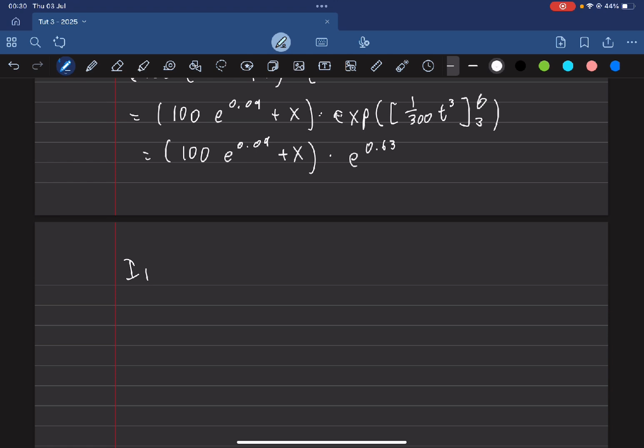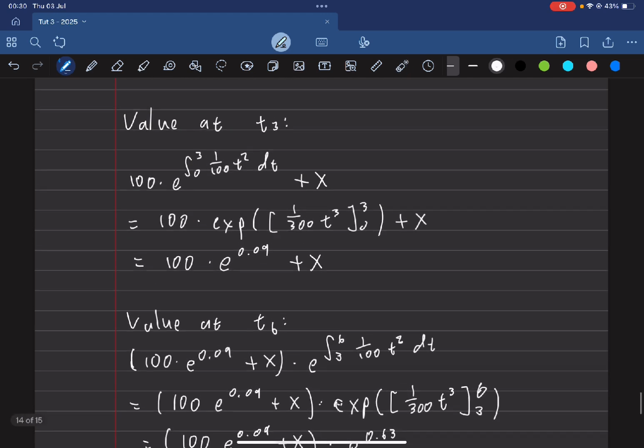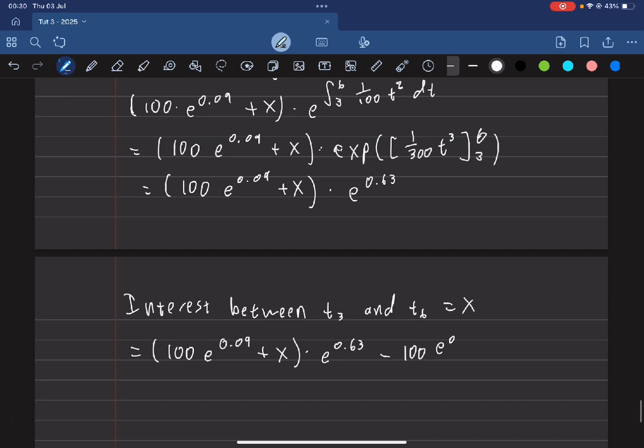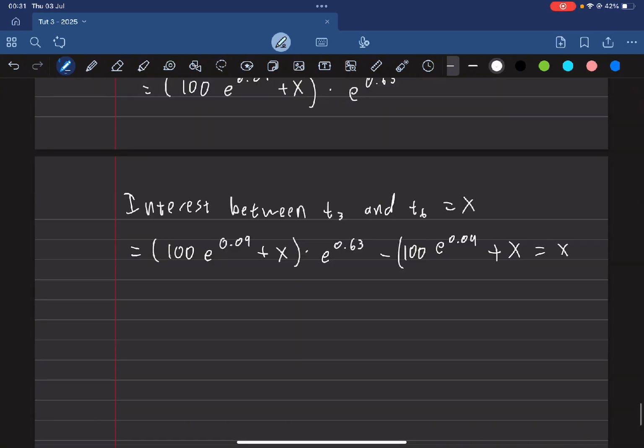The interest between time 3 and time 6 is equal to X. So we take the value at time 6, which is 100 e to the 0.09 plus X times e to the 0.63, minus the value at time 3, which is 100 e to the 0.09 plus X. Now we have an equation, because this is all equal to X. We also need to put this in brackets because we're subtracting the whole thing.